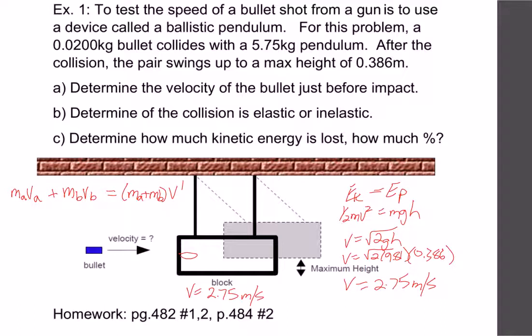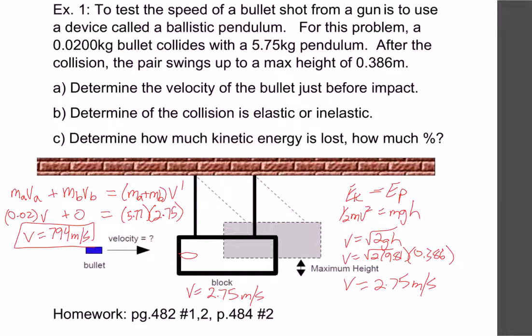So our bullet, we know the mass was 0.202. Velocity is what we're looking for. The block of wood was 0 initially, and we'll have a total mass of 5.77 times that velocity that we just calculated, 2.75, and we can solve it then for the velocity of the bullet is 794 meters per second.